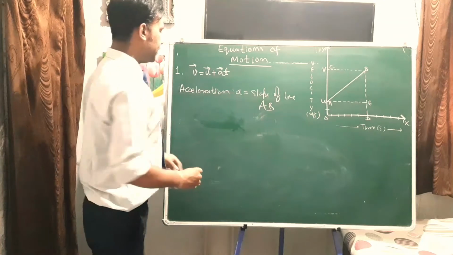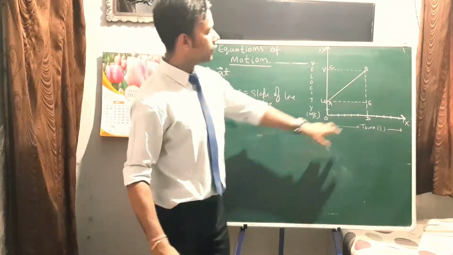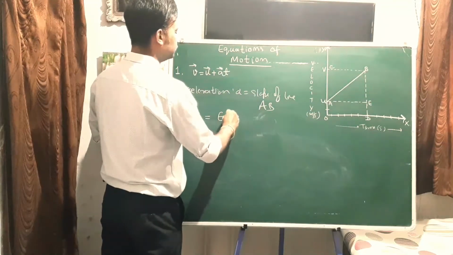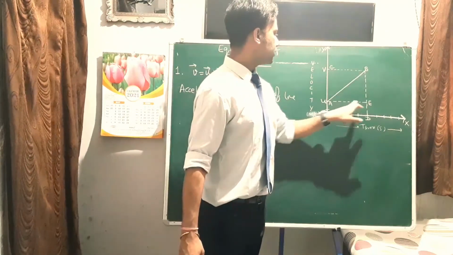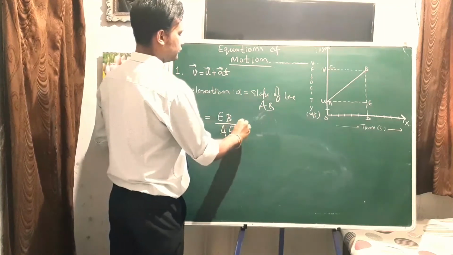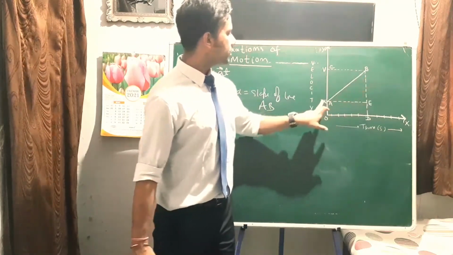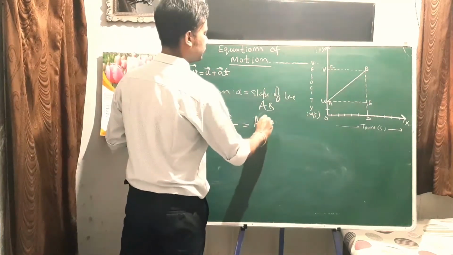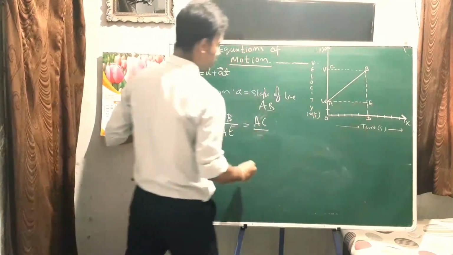Now the slope of AB, a equals slope of AB, you can see that it is EB upon AE, right? EB can be written as AC, right, on the y-axis, upon AE, which can be written as OD.